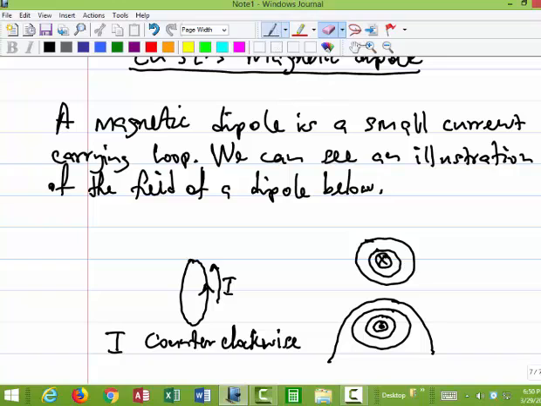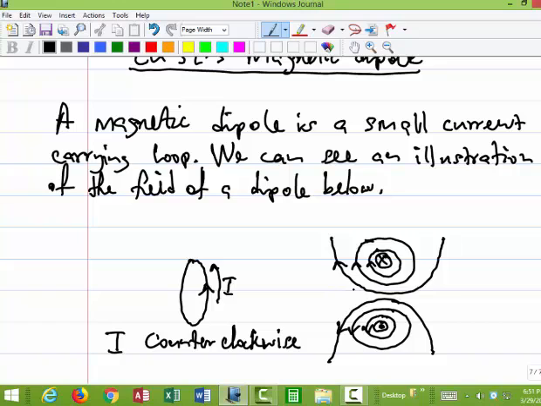So at the top part, the current is into the board, so by right-hand rule, if I grab it this way, then my field line should be this way. And then at the bottom, I'm coming out, so the field lines are that way. So I had it opposite, so now it's correct.